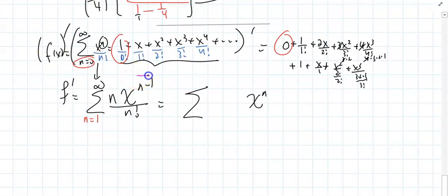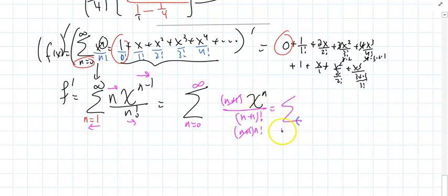I am going to boost this one up, boost this one up, and to compensate for boosting that up, I have to boost this one down. You could fix that if you wish. You really don't have to, but wouldn't you say this is n plus 1 times n factorial? Wouldn't that be the series n equals 0 to infinity of x to the n over n factorial?